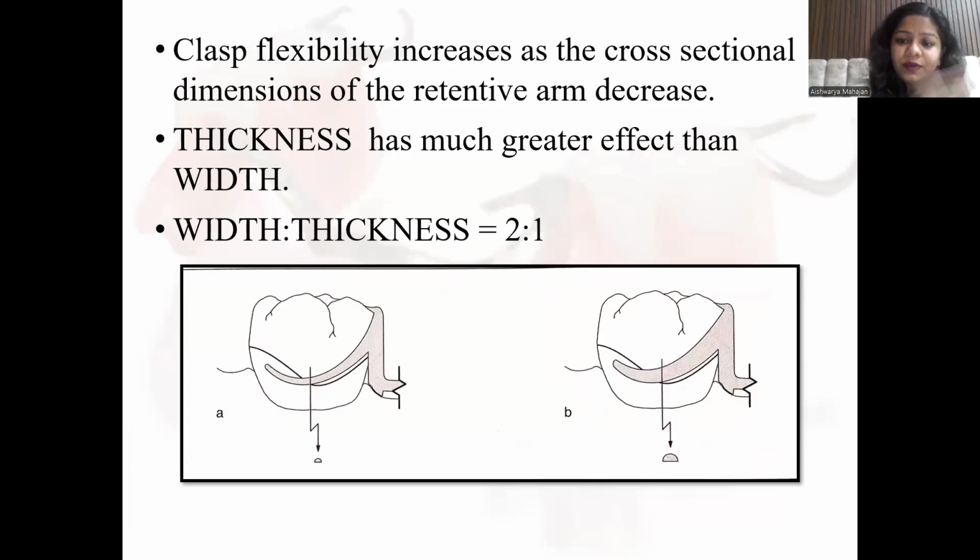Also, flexibility is inversely proportional to the width or the diameter of the clasp, so clasp flexibility increases as the cross-sectional dimension of the retentive clasp decreases. The thickness has a much greater effect than the width, so the proportion of thickness to width is usually 2 to 1. That is the impact it creates on flexibility.